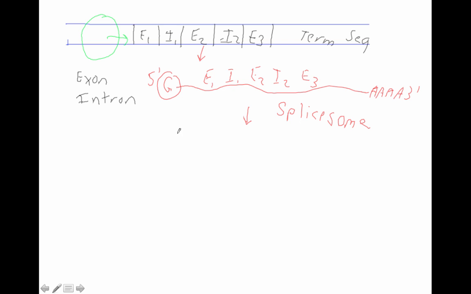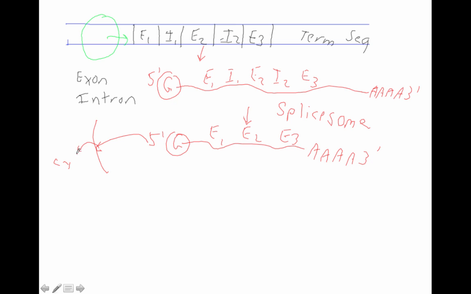So what you end up with is a much shorter RNA that only contains exon 1, exon 2, and exon 3. And of course we still have our 5' end with a G cap on it, and we still have our poly A tail at the 3' end. But again, it's much shorter because we just got rid of these introns. Now this can leave the nucleus. So if we were to draw this as all being in the nucleus, it can now leave the nucleus and go into the cytoplasm to be translated.